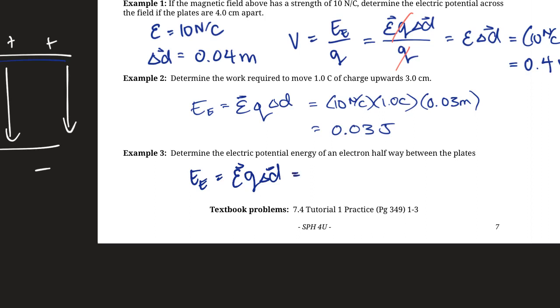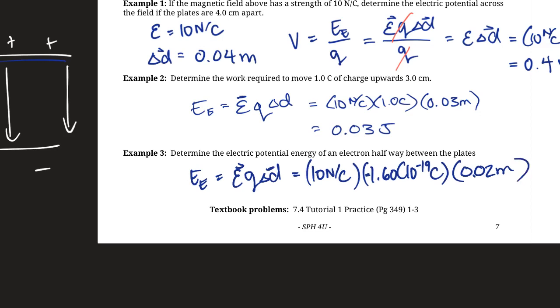The epsilon is still 10 newtons per coulomb, and that's in a downward direction. Our Q is the charge of an electron, which is 1.60 times 10 to the negative 19 coulombs. And, oh, it's negative. Sorry, the charge is negative. We just finished saying that. So we have to put in negative 1.6 times 10 to the negative 19, and then the displacement is 0.02 meters.